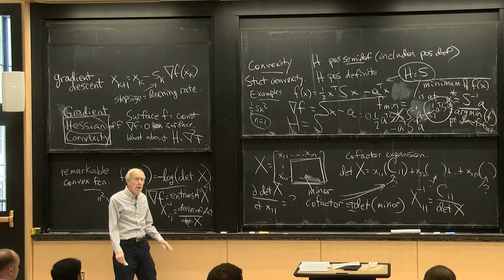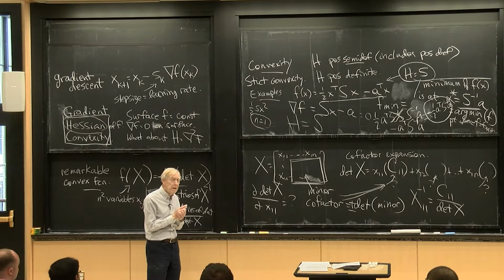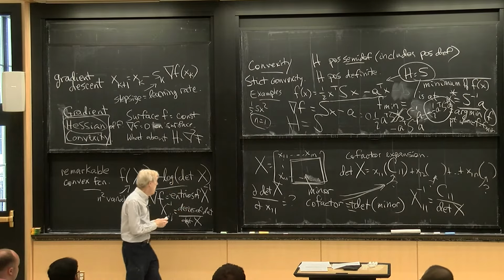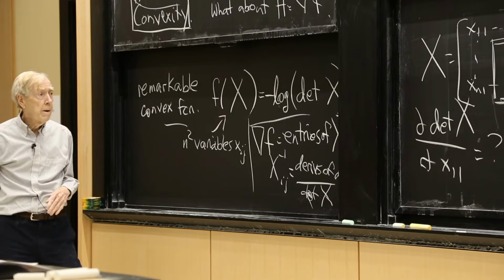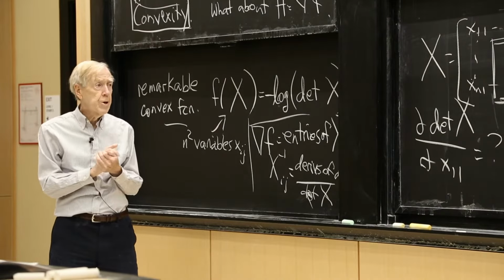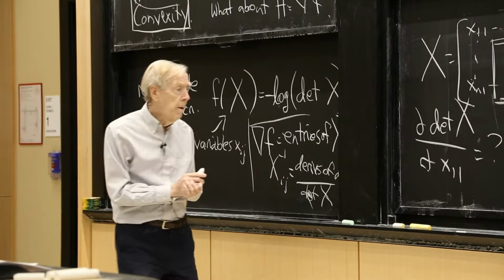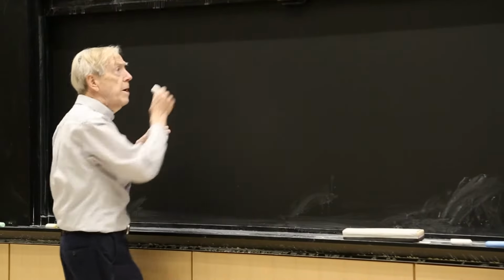Anyway, I'm just mentioning that as a very interesting example of a convex function. Okay, I'll leave that. That's just for education. Okay, now I'm ready to go to work on gradient descent.